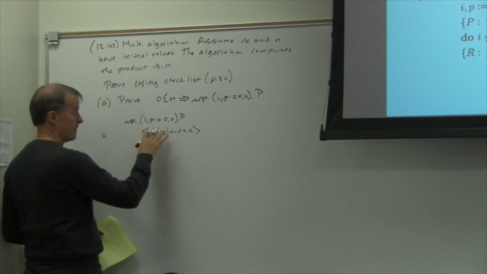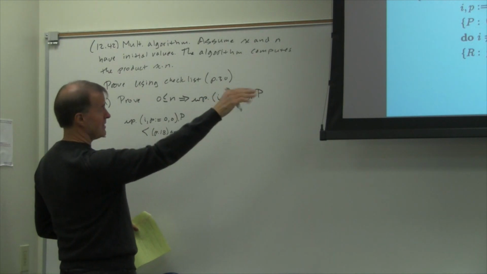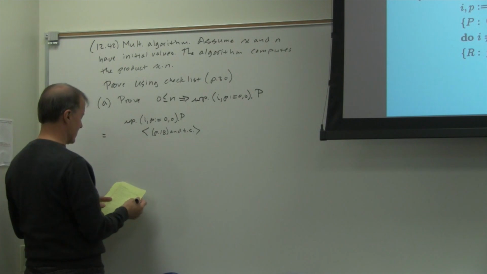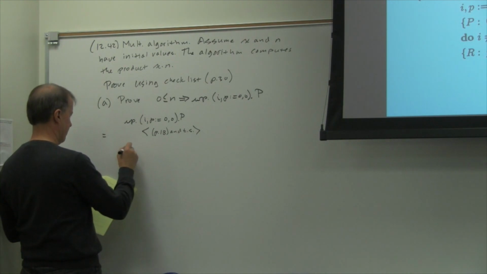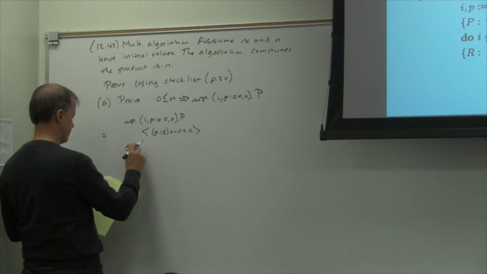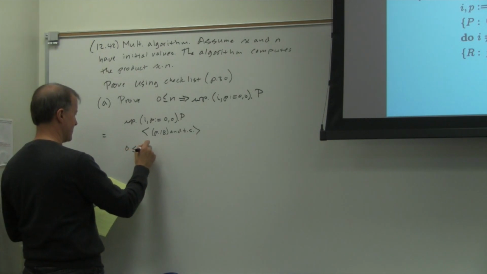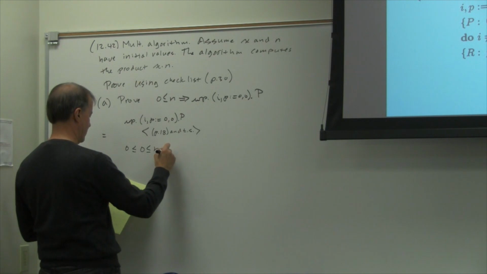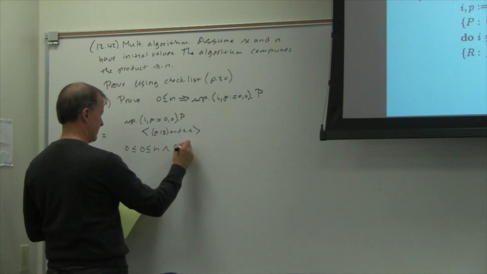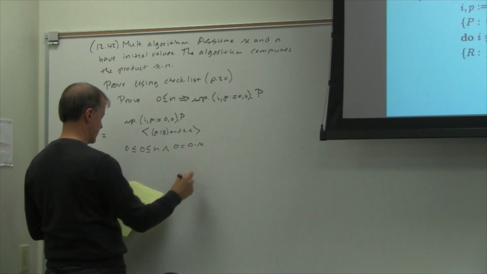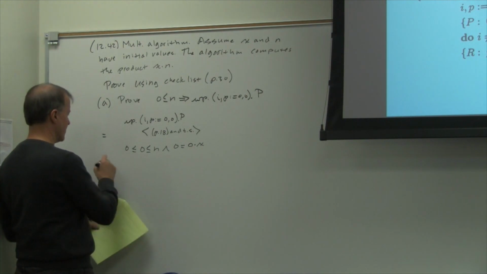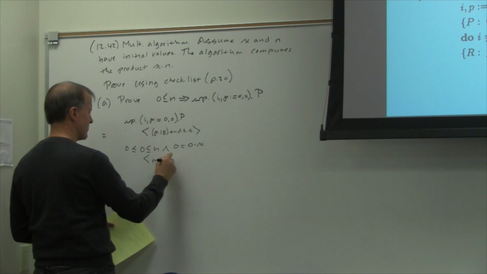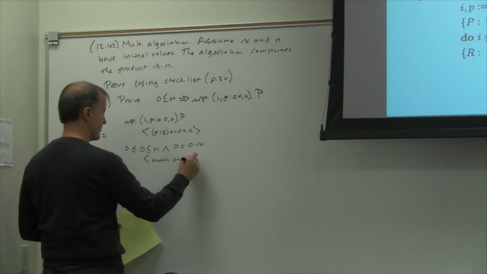So we look at this P, and everywhere there's an I, what does this turn out to be? 0 less than or equal to 0, less than or equal to n, and 0 equals 0 times x. So this equals, by conjunctive meaning and math.